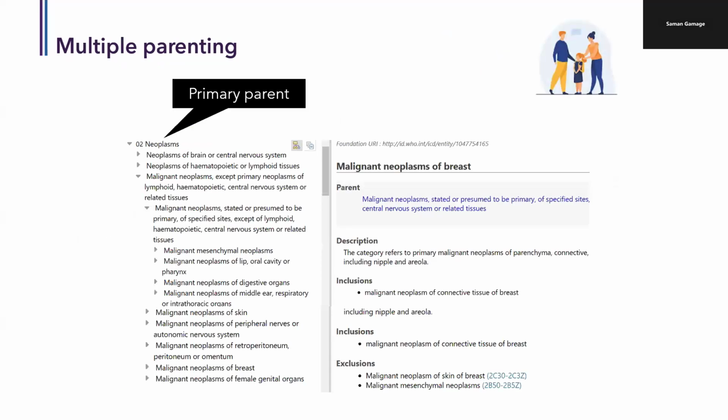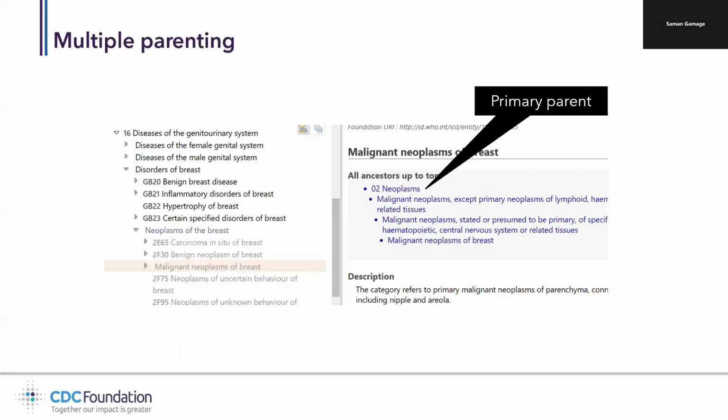Here is an example. Neoplasm is the primary parent and malignant neoplasm of the breast is the child. So malignant neoplasm of the breast is classified, listed under the primary parent, neoplasms. Here you can see the primary parent.